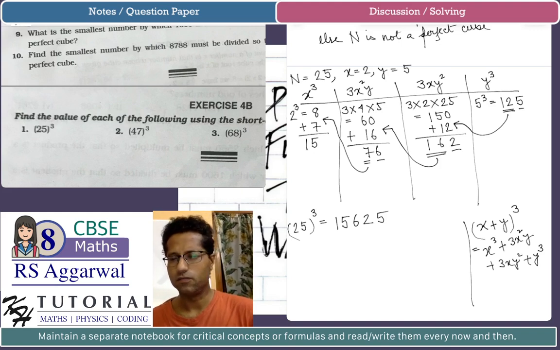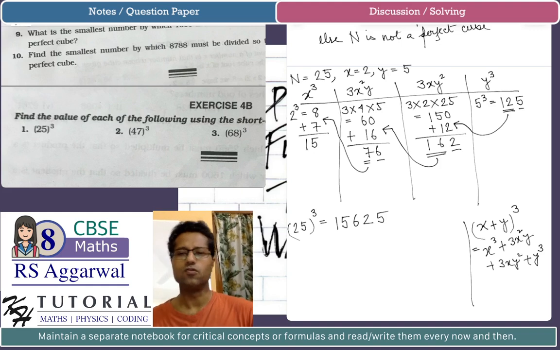This way you carry forward all the digits apart from the units digit to the previous column. And finally the cube will be the final value of the leftmost column, that is x cube, appended by the units digit of the second column, appended by the units digit of the third column, appended by the units digit of the fourth column.